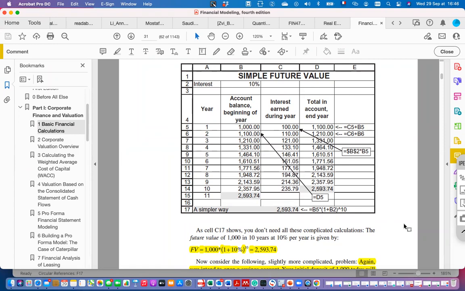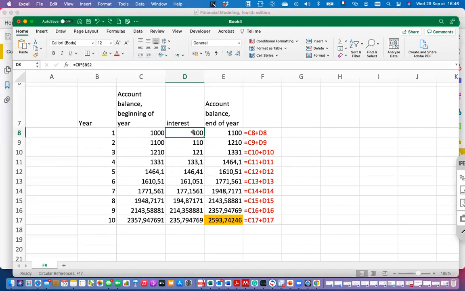So the future value function is used only if we are repeating the deposit every year. For this example, as you can see here, we make an investment of $1,000, say, once at the beginning of the first year, and then we are just reinvesting the interest.